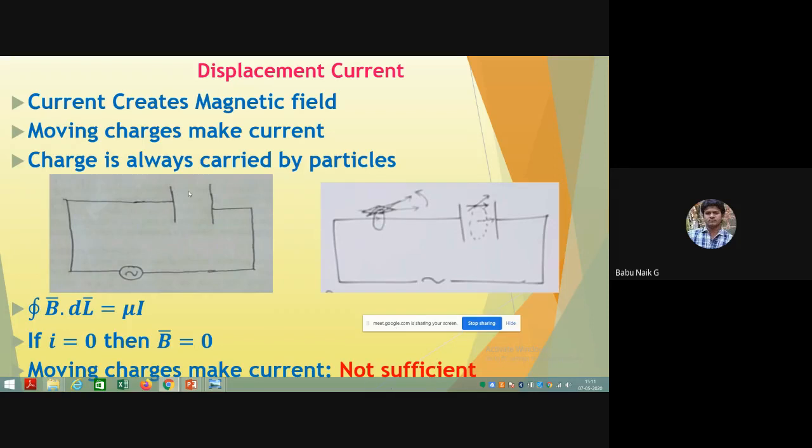Here there is no charge moving between the two parallel plates, but he observed that the magnet field displacement happened. So this data is insufficient. Then later he described how this function happens.